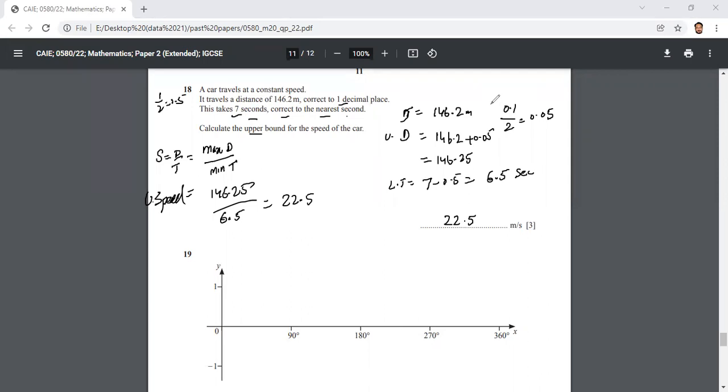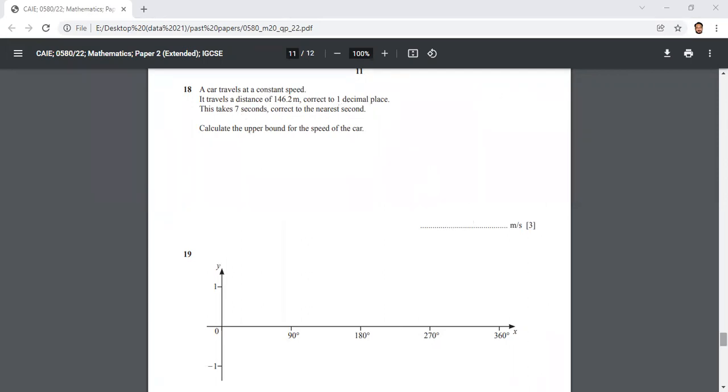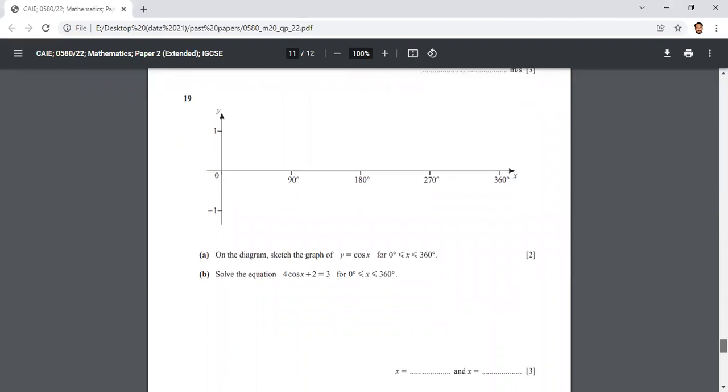Next is question number 19. This is from trigonometry, and it is the curve of cosine. Sketch the graph of y equals cos x, from 0 to 360. It's better to first find a small table.